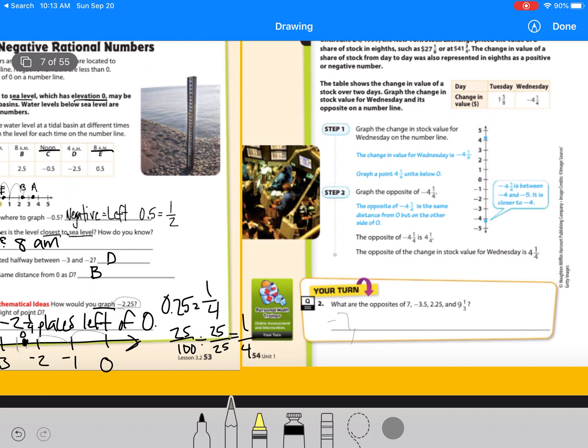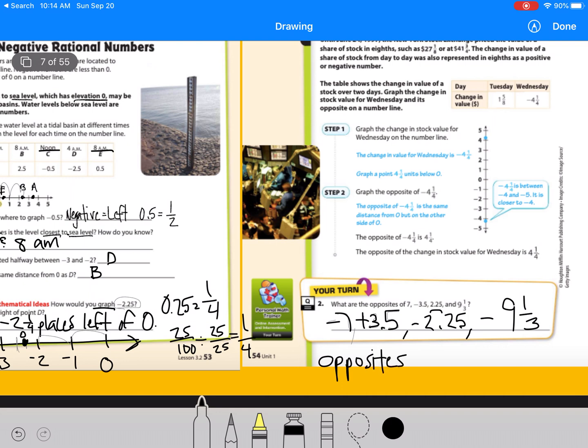Negative 3.5 is positive 3.5. And remember, if you have a positive number, you do not have to include the sign. We have a positive 2.25, so it becomes negative 2.25. And then we have a positive 9 1/3, so it becomes negative 9 1/3. Remember, opposites change the sign.